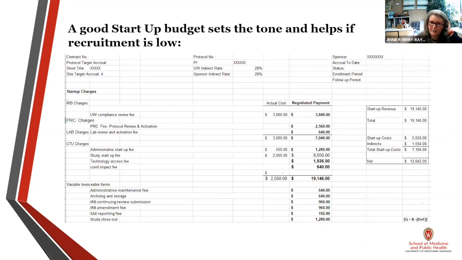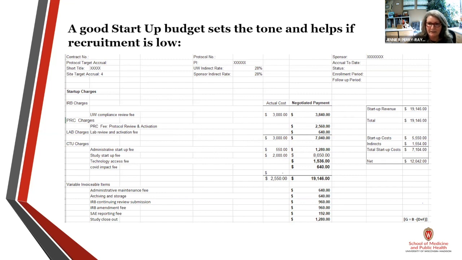A good startup budget sets the tone and helps, especially if recruitment is low. So this is the first part of my budget tool. And I want to make sure that I'm getting on the left-hand side as many startup charges listed as I can. I'm going to list the actual cost, what it's actually costing me to do these things, or my unit.